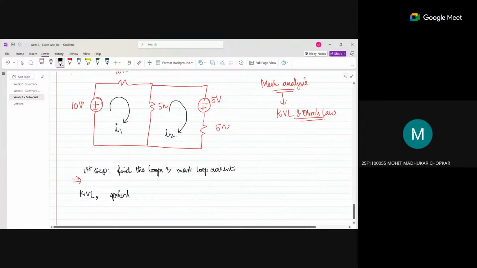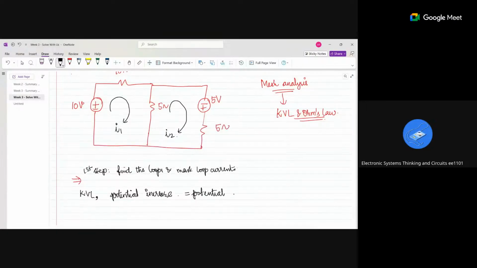The sum of all potential differences is equal to 0, or you can say the potential increase is equal to the potential decrease.